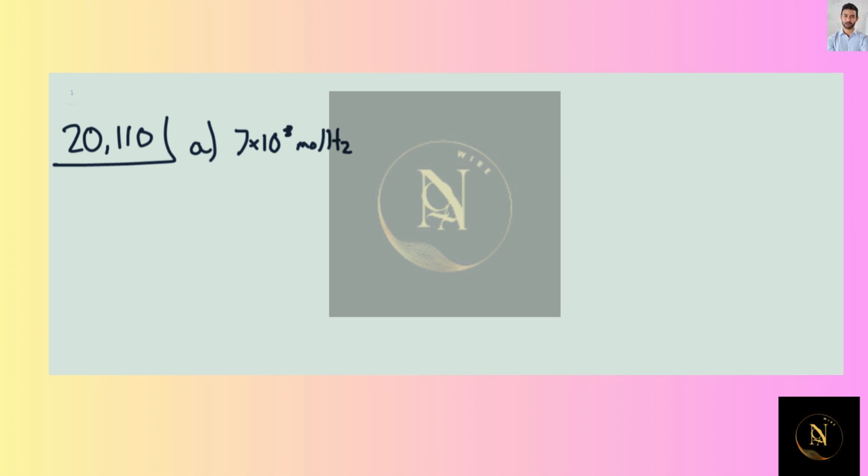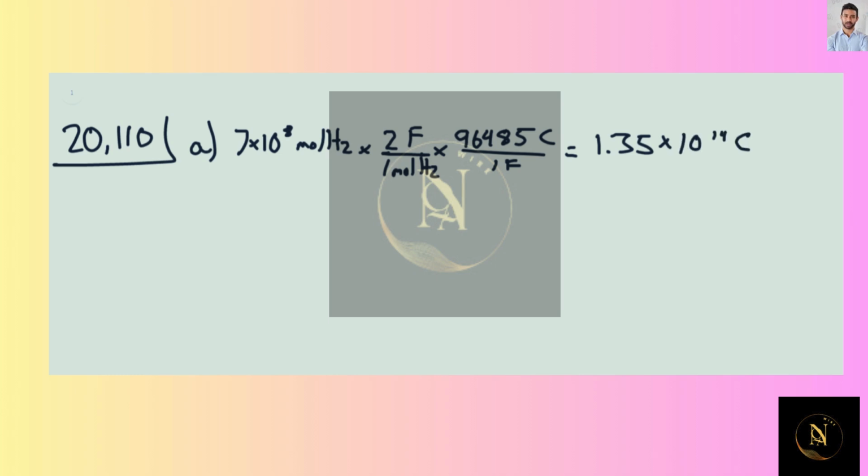To produce these from the hydrogen ions, it would require 2 electrons, and these two electrical charges can be converted to coulombs using Faraday's constant. When we do this calculation, we get a value of 1.35 times 10 to the 14th coulombs. That's the charge that is required.